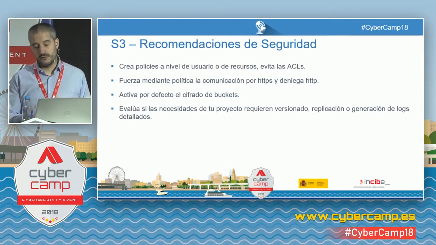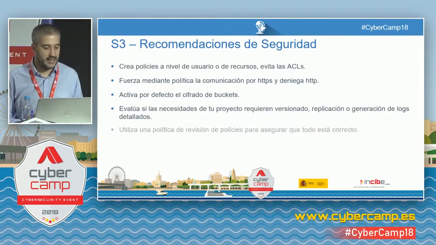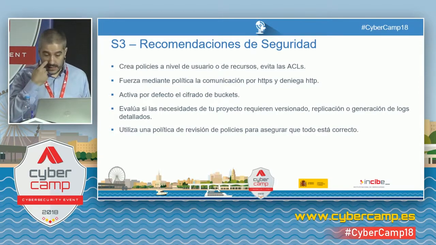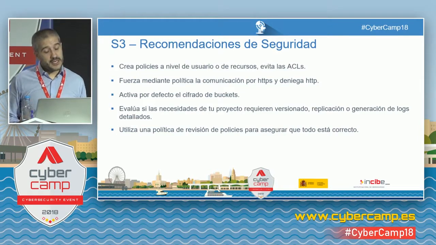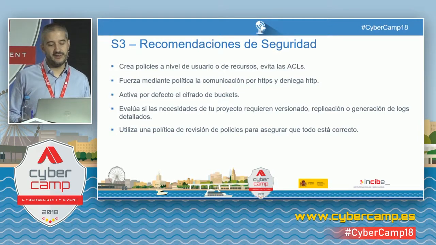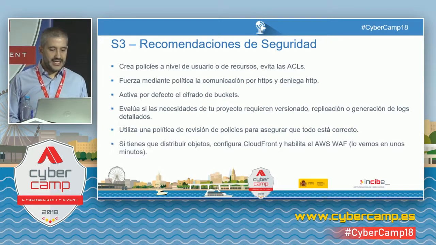You should also check and see if your products need you to use the versions. Sometimes it will, sometimes it won't. You should also have your policy for reviews, because most of the information that's saved in buckets is there because it's important, right? So we should always have policies for those buckets always under control.